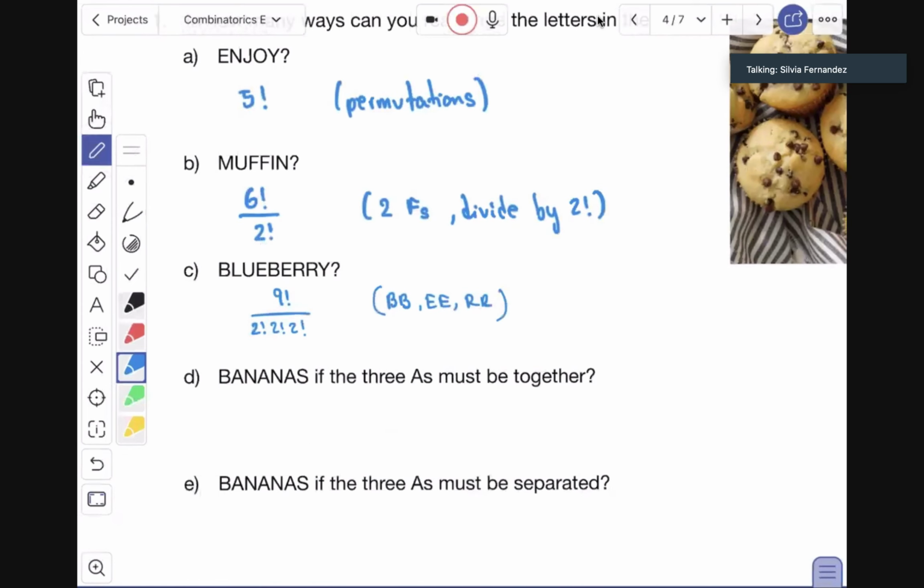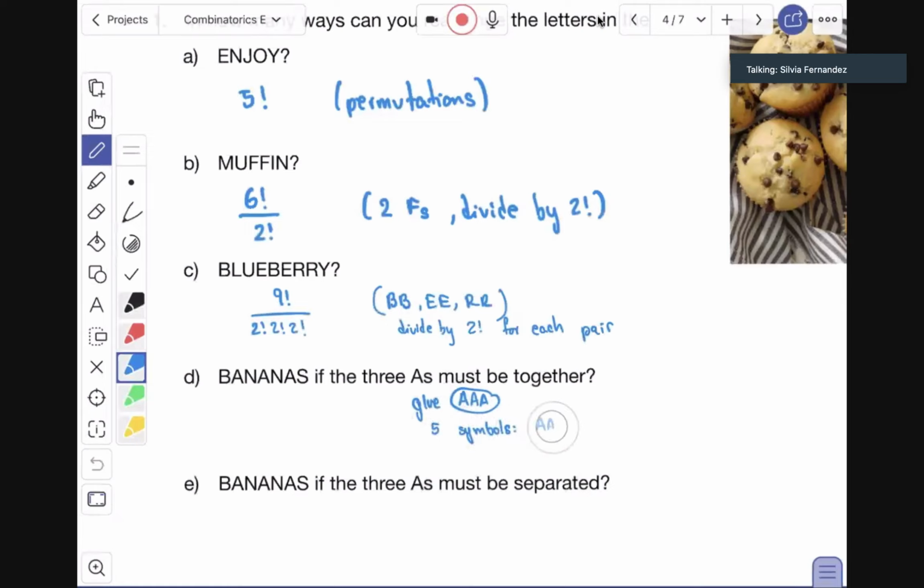Then for the word bananas, having all the A's together, we just glue the A's. And so now we have 5 symbols instead of letters.